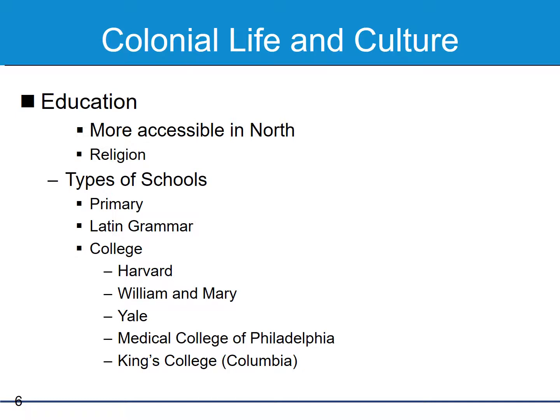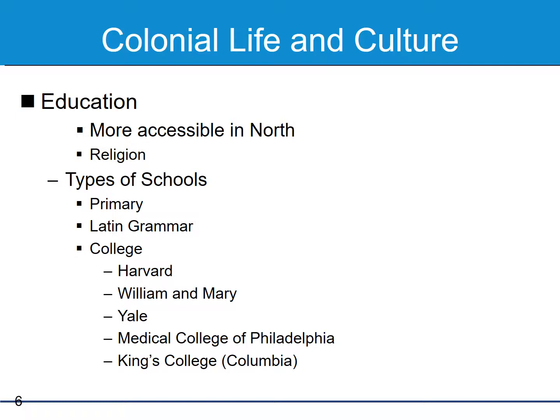As we move into the middle 1700s, the Enlightenment has taken hold in Europe and has begun to spread to North America, and so it's becoming more common to study science, and a part of the study of science also helped to develop medical colleges.